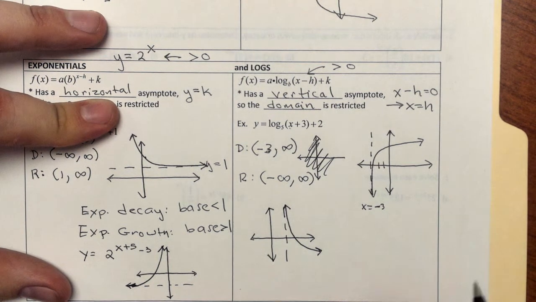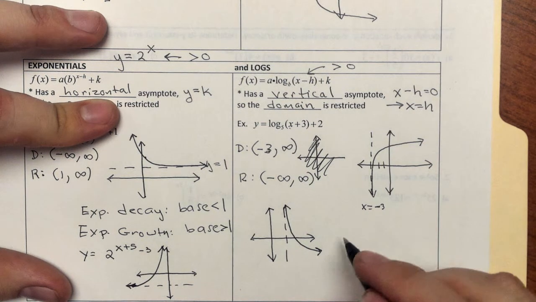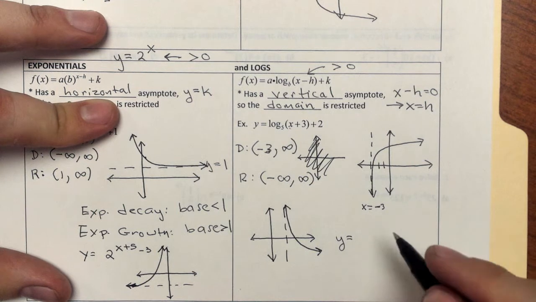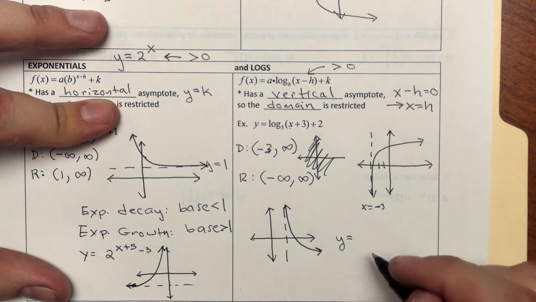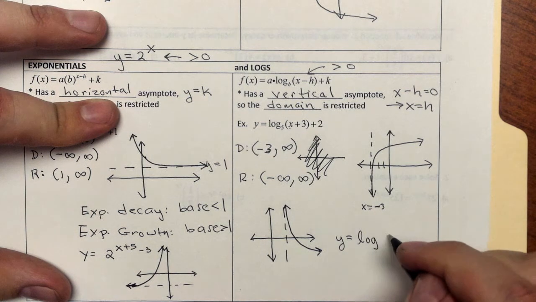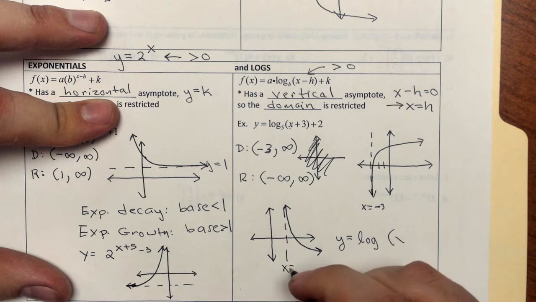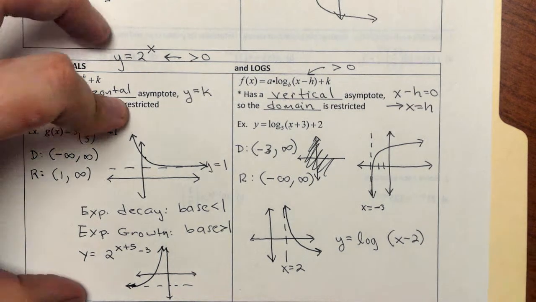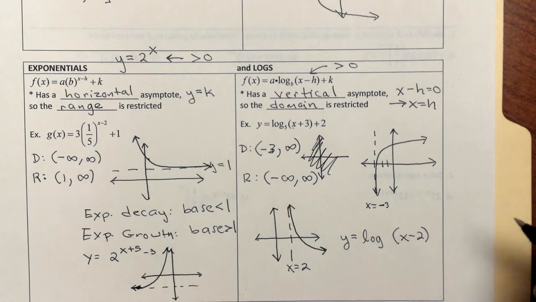So I'd have that. But the question is, how do I get this to go down like this? And there are two possible answers. And again, you can confirm all this with a calculator. So let's say, for argument's sake, this is x equals 2. I know inside I'd have to have x minus 2. All right. Well, how do I get it to go down like that?